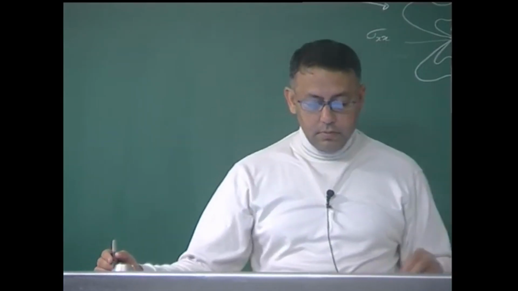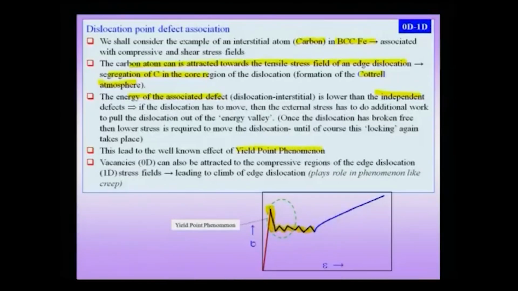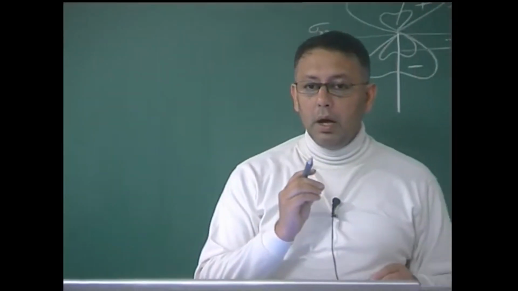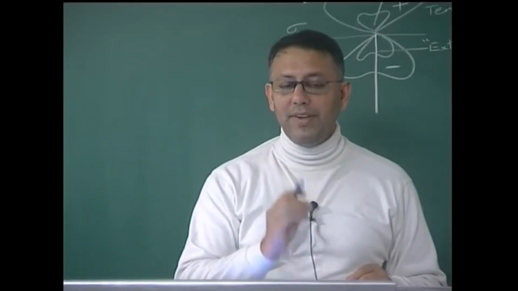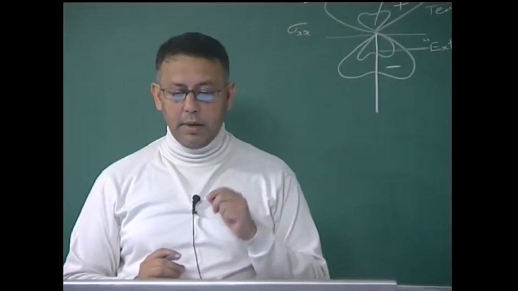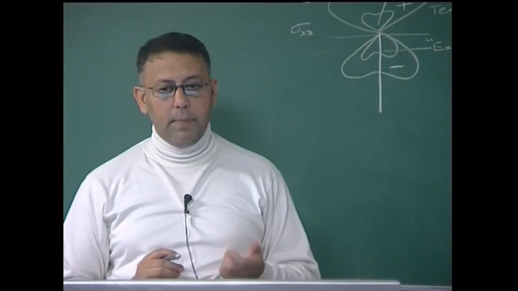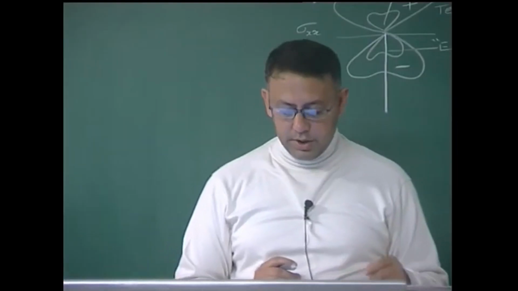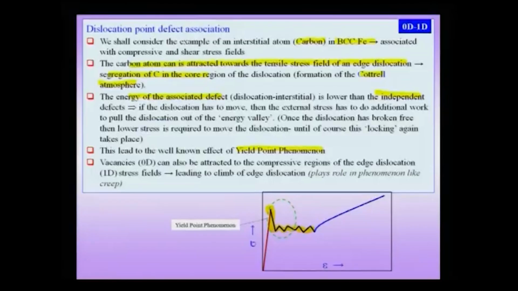Therefore, the yield point phenomenon, which is a gross macroscopic phenomenon seen in a normal uniaxial tension test, is a product of this microscopic or atomic level segregation of carbon atoms at the core of the dislocations in a BCC iron crystal.